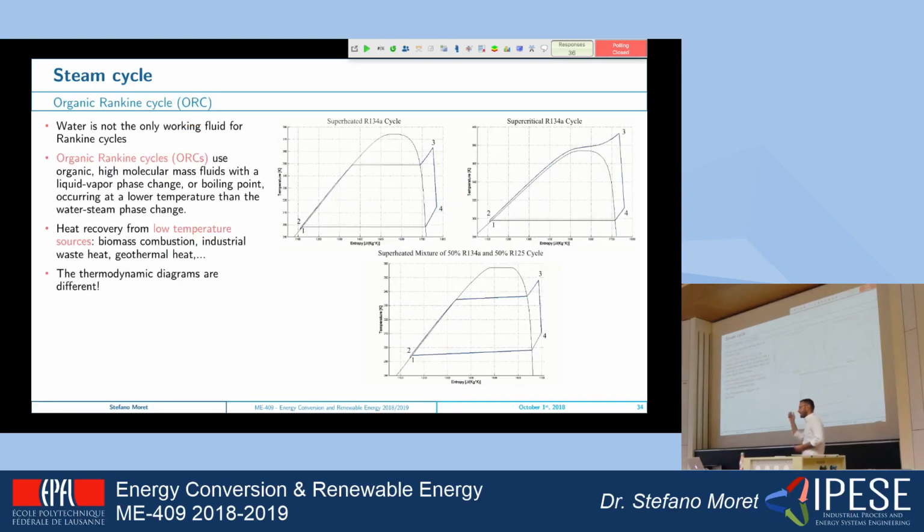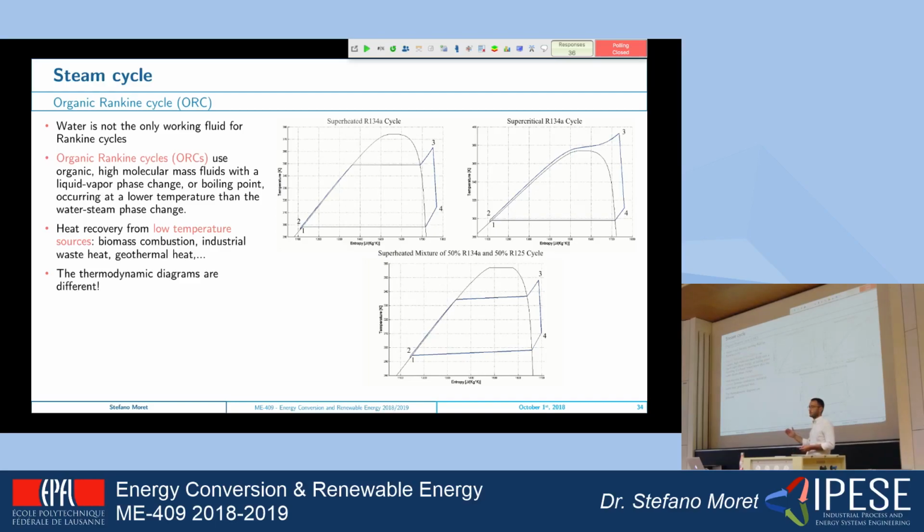And the last thing is that today I described the steam cycle and how it works. The same exact principle, the same exact structure can be used also for other cycles, not using steam, not using water. Normally, in geothermal applications, when you have a low temperature heat source, you want to use organic fluids that have a lower boiling point than water.